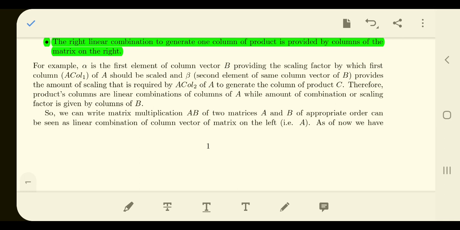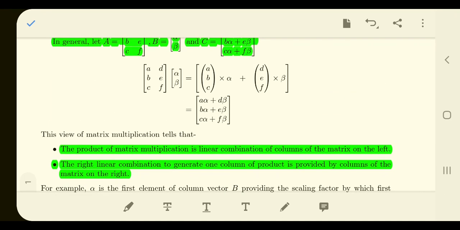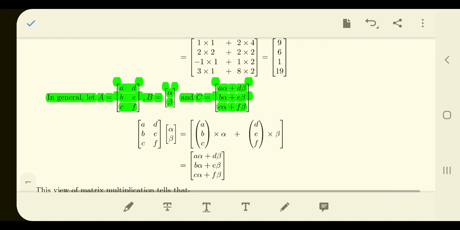Can we see a similar idea in rows? Let us just try to transpose this whole business, whatever we have said over here. If I transpose a multiplication A into B, it becomes B transpose A transpose.